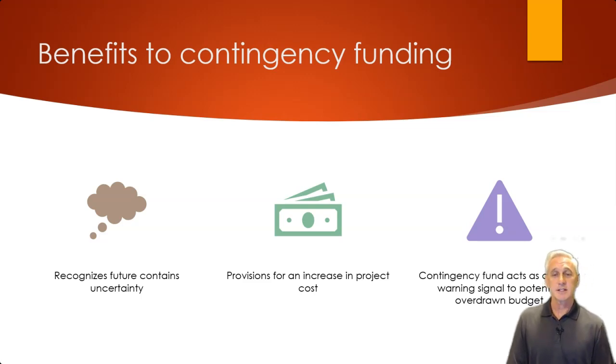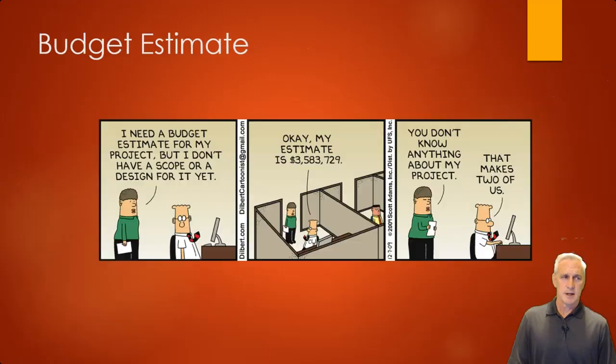A contingency fund also acts as an early warning signal if we're potentially overdrawing a budget. So if we see us going over our planned budget and moving into our contingency funding, that should be an alarm to us. Say, hey, something's not quite right. We need to go back and look at what's going on and figure out why we're going over so much and understand why that is.